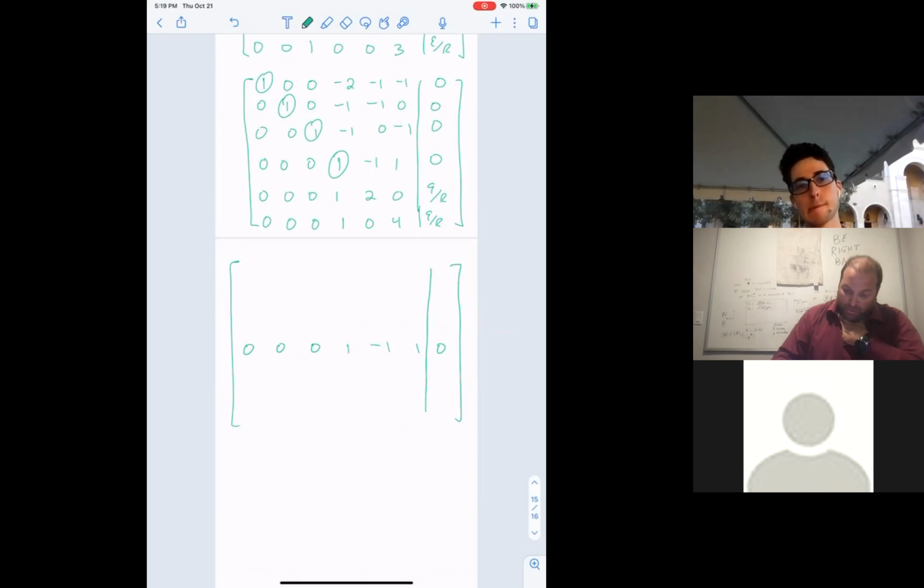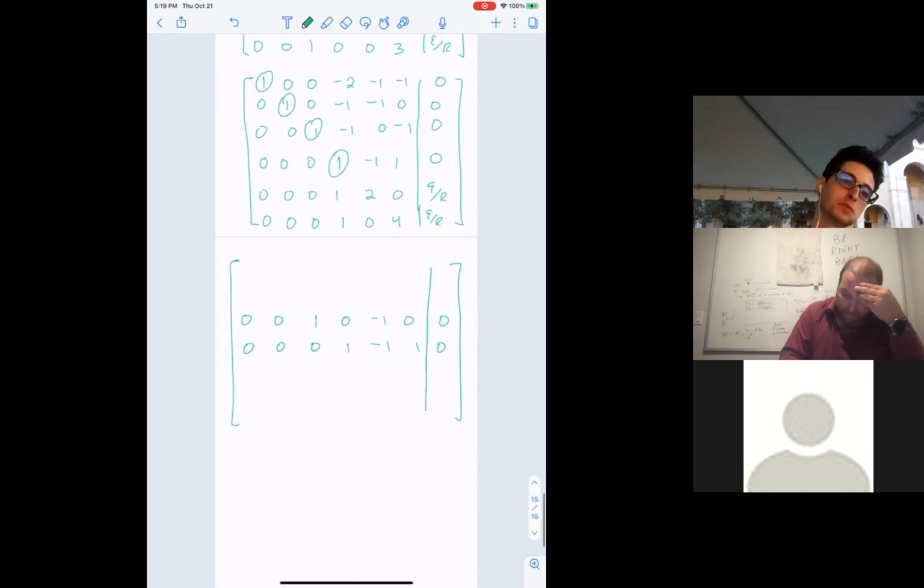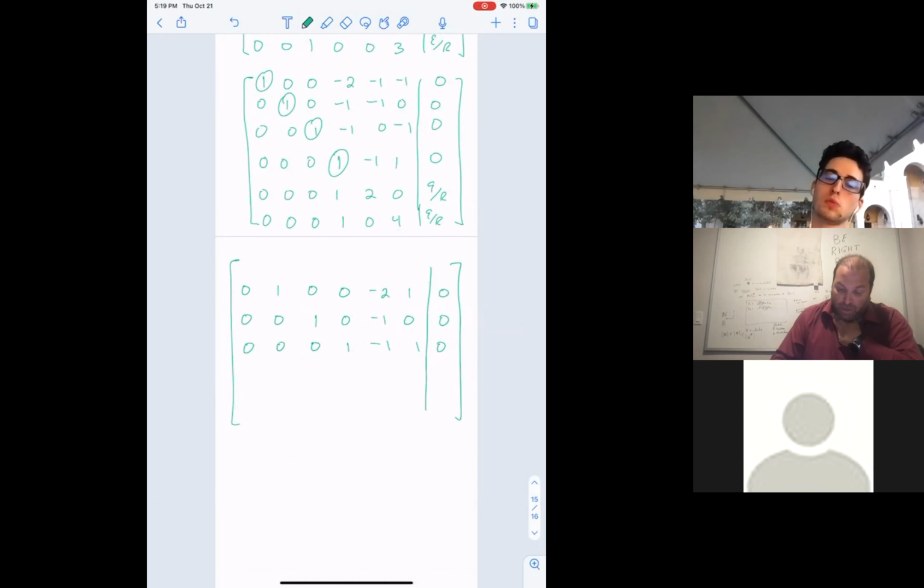The one above it, add them. 0, 0, 1, 0, -1, 0, 0. Two above it, add them. 0, 1, 0, 0, -2, 1, 0. For the top row, I gotta multiply the fourth row by 2 and add them.